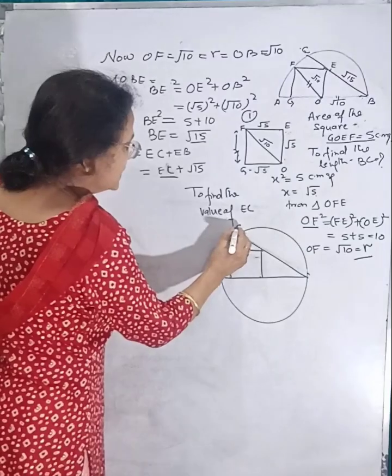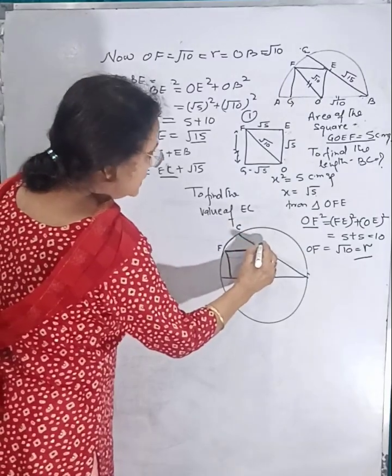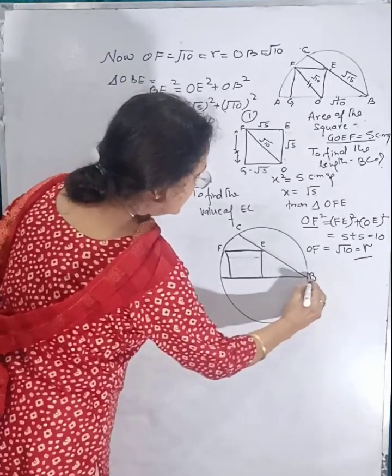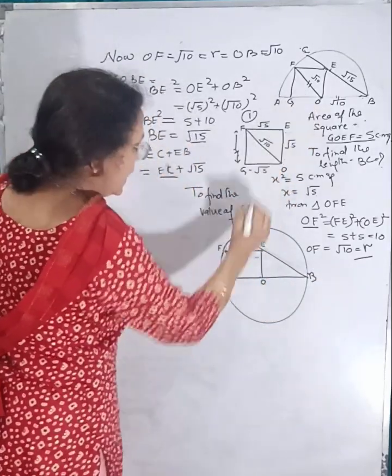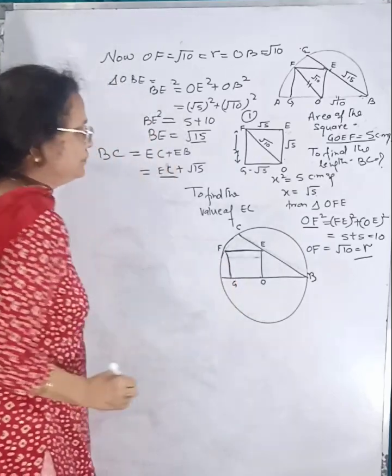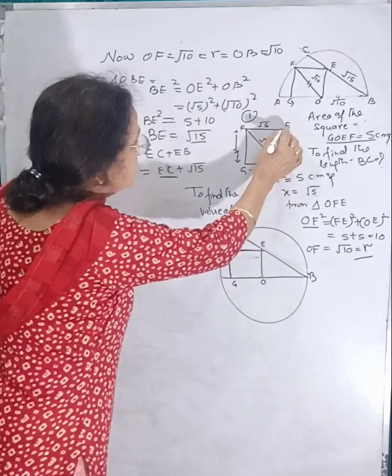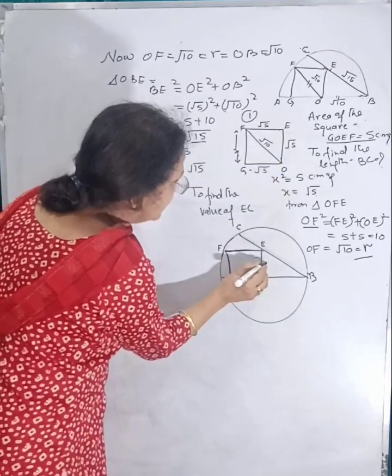This is the point C, this is E, this is B, this is O, and this is G. EO is equal to root of 5.